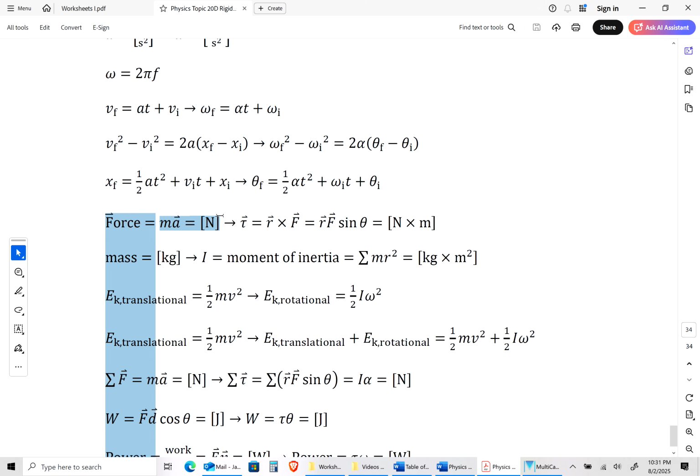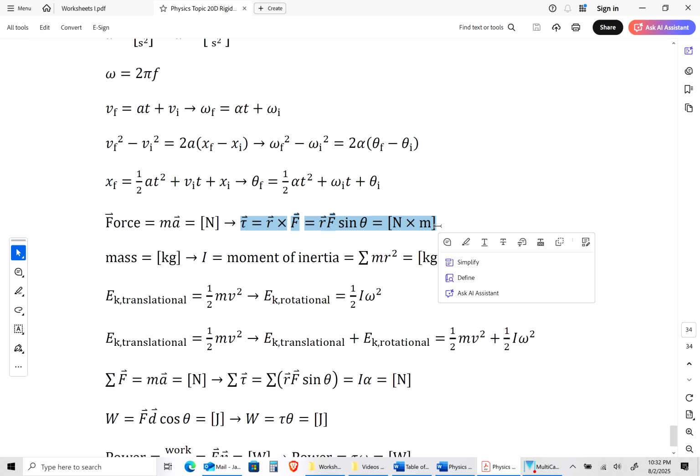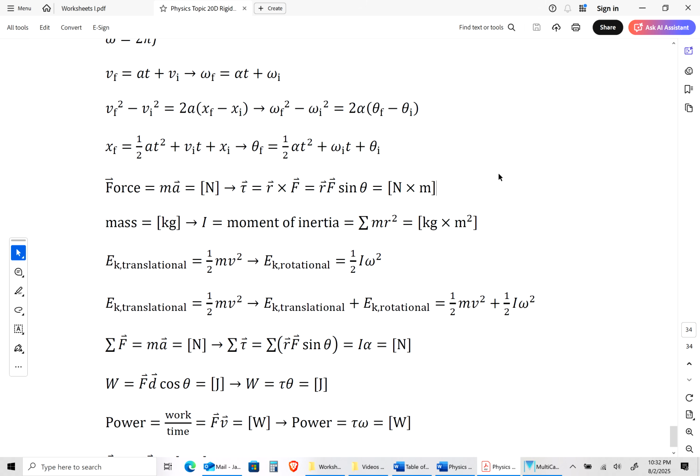F equals ma becomes torque equals I alpha. Sorry, this is wrong. This should be torque equals I alpha. Mass becomes moment of inertia.